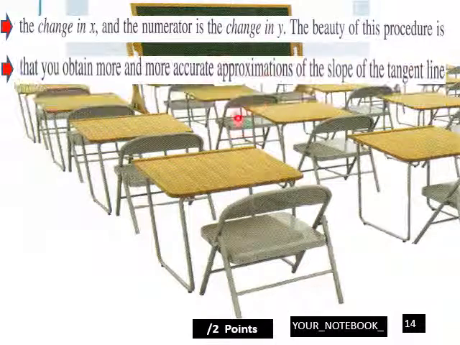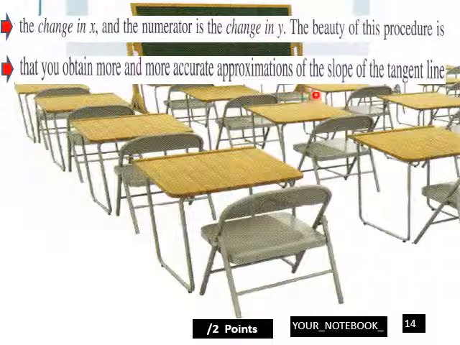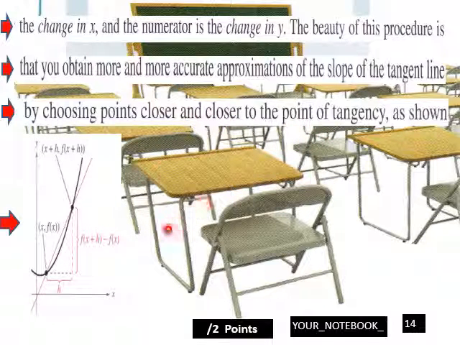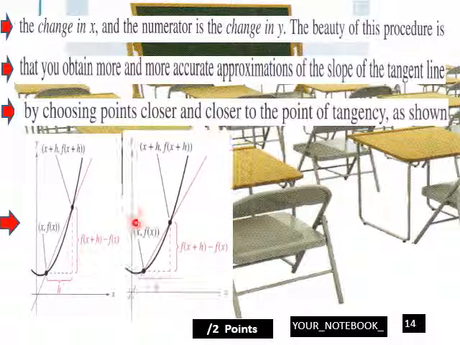The beauty of this procedure is that you obtain more and more accurate approximations of the slope of the tangent line by choosing points closer and closer to the point of tangency, as shown. So as this point moves down to here, it changes the slope of your secant line, but you'll eventually get the slope of your tangent line.